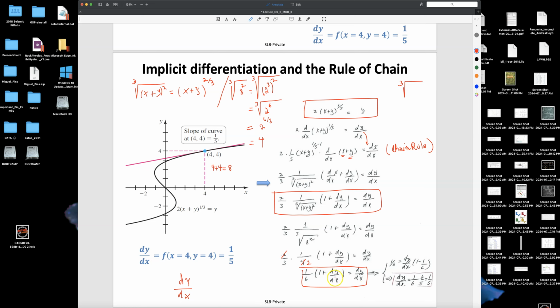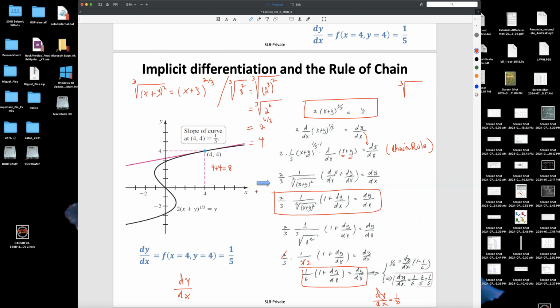When I do that, I'm going to get that the derivative of the function y with respect to the variable x is equal to 1 over 5. That was the exercise.